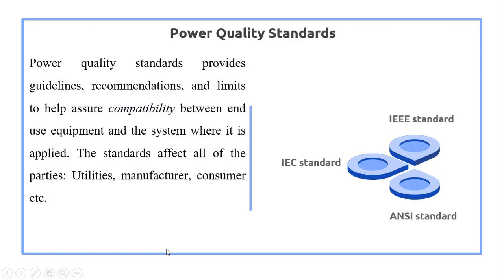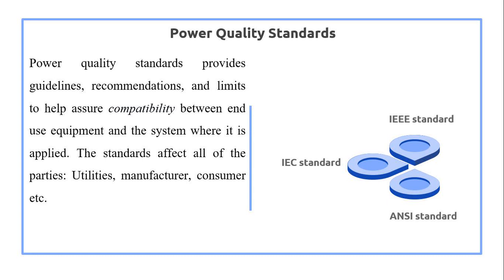Now there are some standards we have to follow while measuring and deciding which problem is related to power quality. So power quality has some standards of IEEE, IEC and ANSI. Power quality standards provide guidelines, recommendations and limits to help assure compatibility between end use equipment and the system where it is applied.